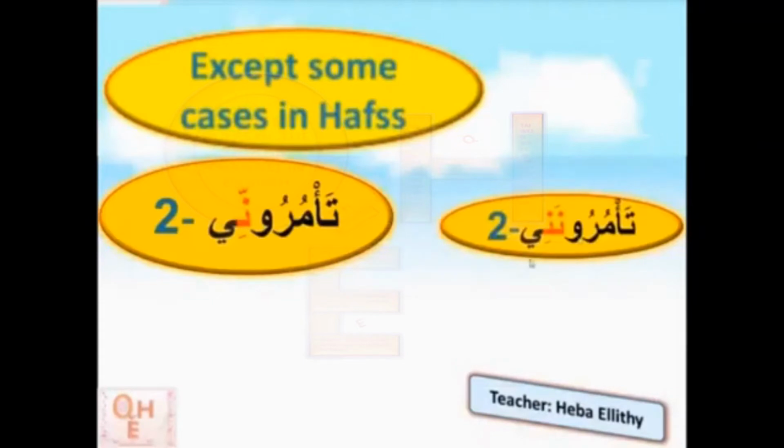Of course, we didn't do it as humans, but this is how it has come for us by the Quran. But the rules of Tajweed just explain what we see in the Quran.